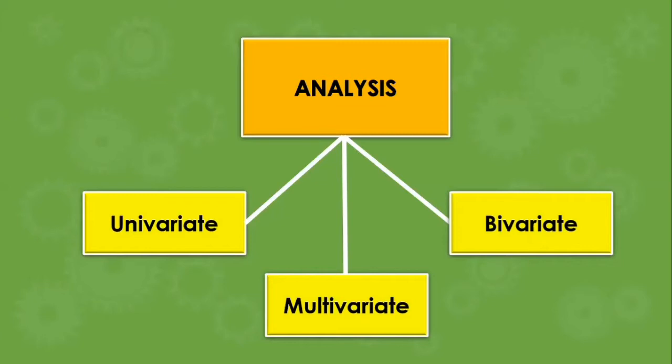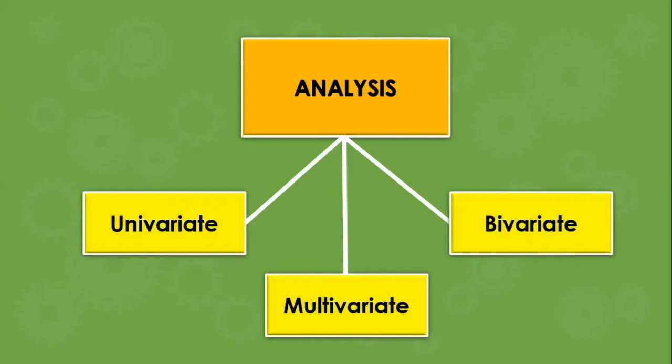On the other hand, in bivariate analysis, your data is composed of two variables. Because it has two variables, it involves relationships between the two variables. And lastly, multivariate analysis is a set of techniques used for analysis of data sets that contain more than one variable.